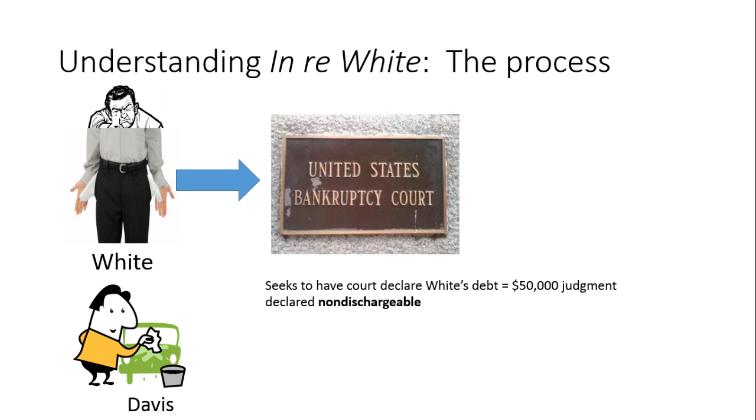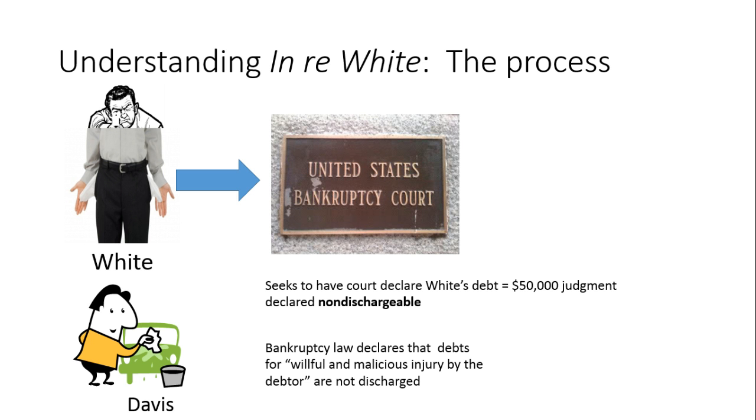In other words, what he's asking the bankruptcy court to do is not discharge the obligation to Davis, that $50,000 default judgment, so that he won't have to stand in line with all the other creditors that White owes when White's debts are discharged in bankruptcy. Bankruptcy law declares that debts for willful and malicious injury by the debtor are not to be discharged.